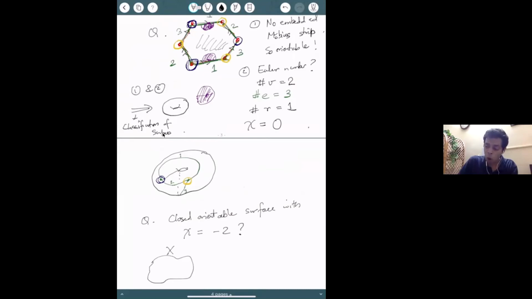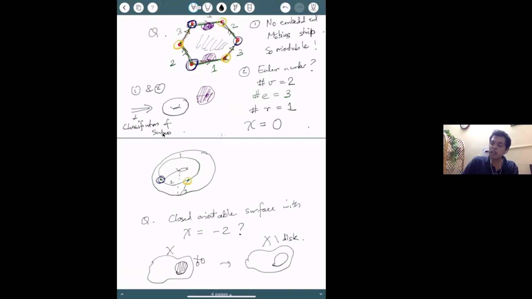If you make a hole, if you take a scissor and cut out a disk, you make a hole in your surface. This is surface minus a disk.